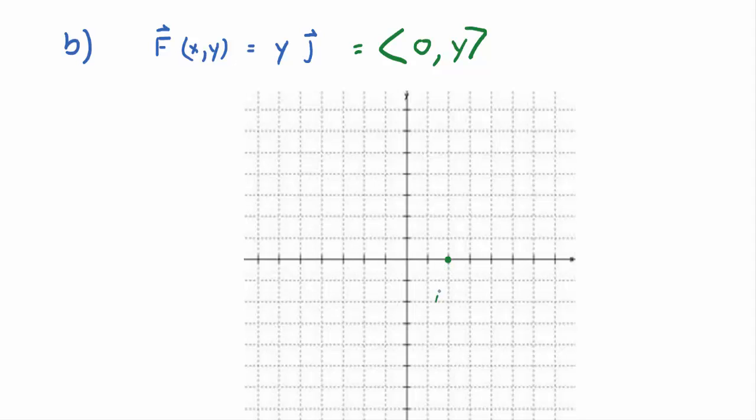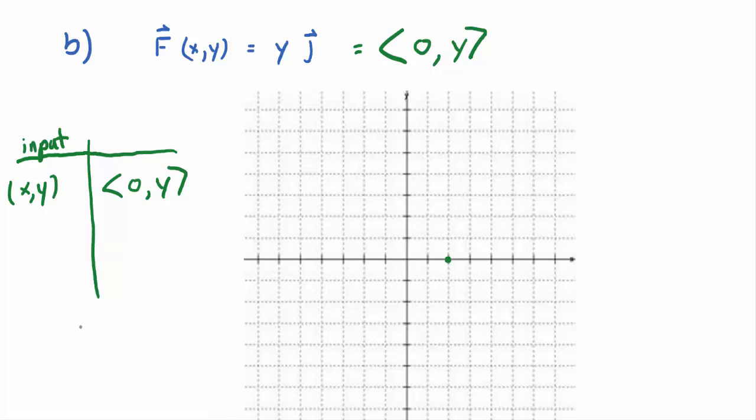Well, what's the y component of this point? So if you wanted to make a table, you could, although I won't do that too often. The input is a point, like x, y, and the output in this case is a vector 0, y, right?